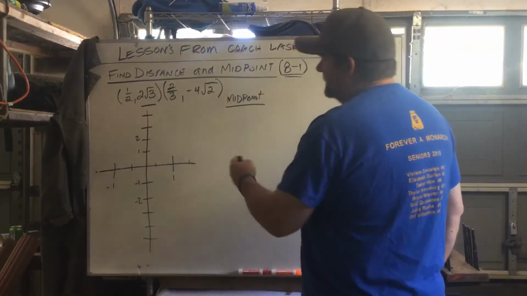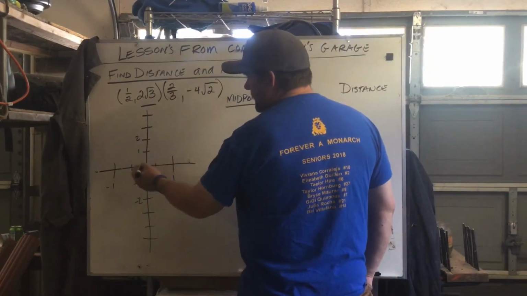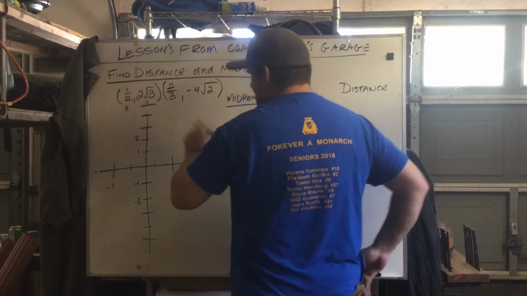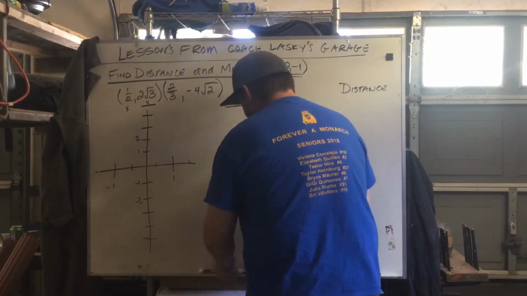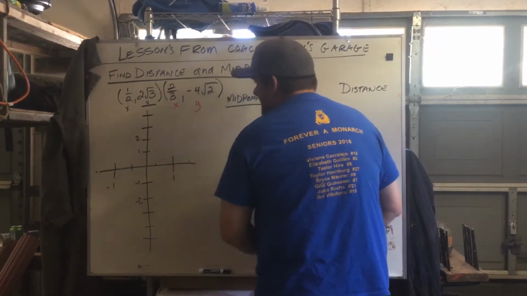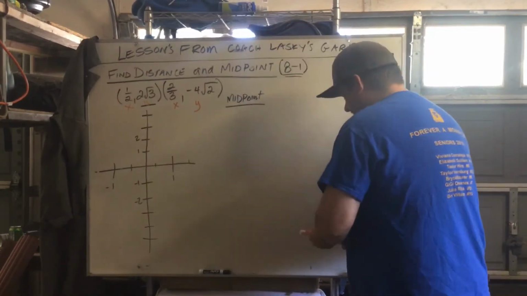So if we're talking about the midpoint, if we graph these things and we go 1 over 1, and remember this is an x and a y, and this is an x and a y, and we've got an x and a y.